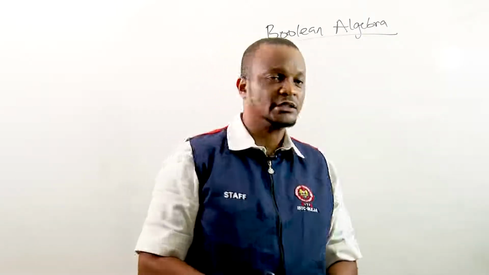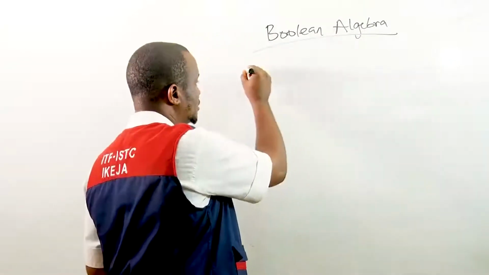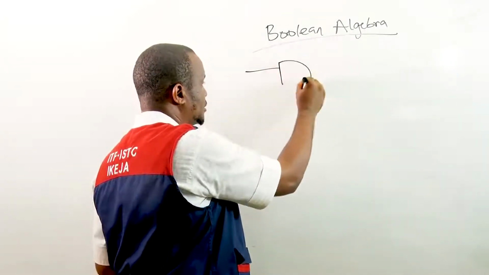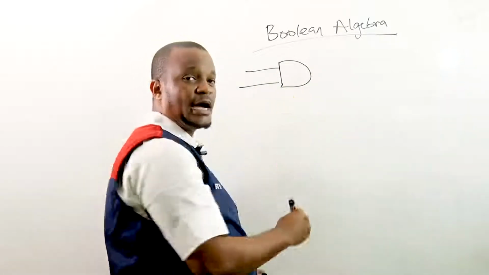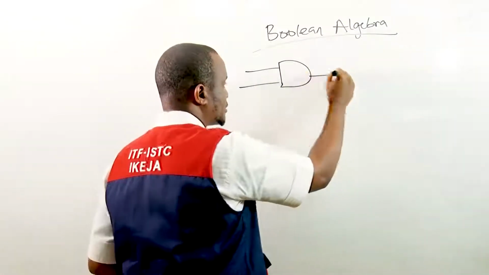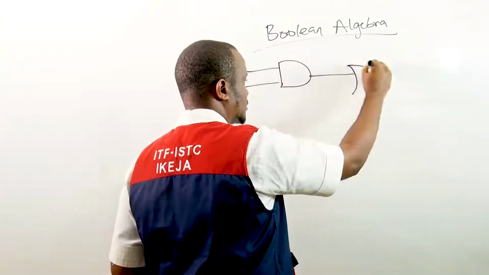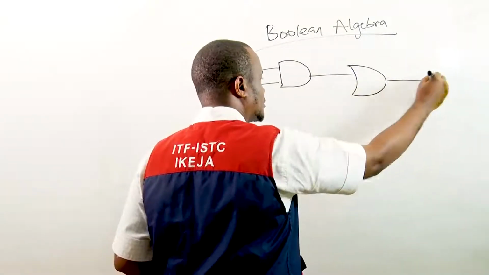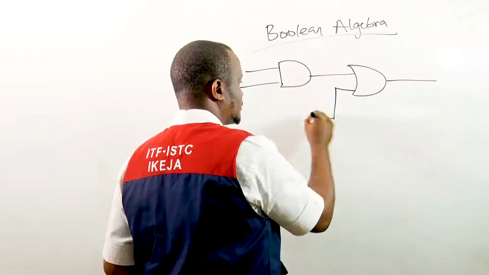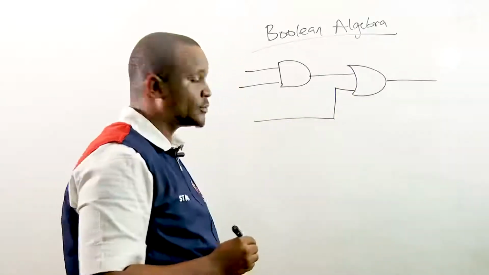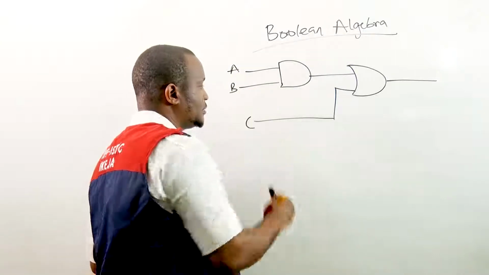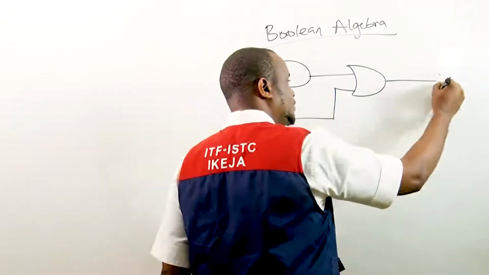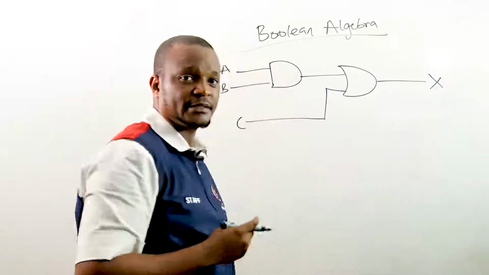So let's take for an instance a logic circuit that has an AND gate and an OR gate. We have 2 legs. So assuming you have input A, input B, and input C, what will be the value at X?